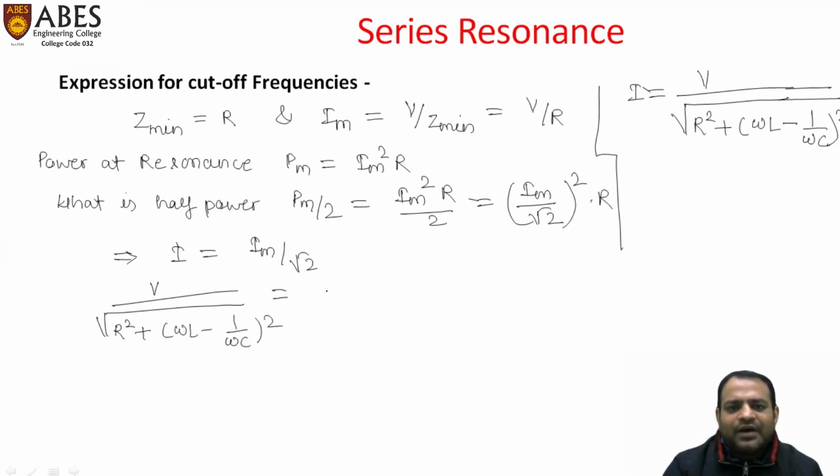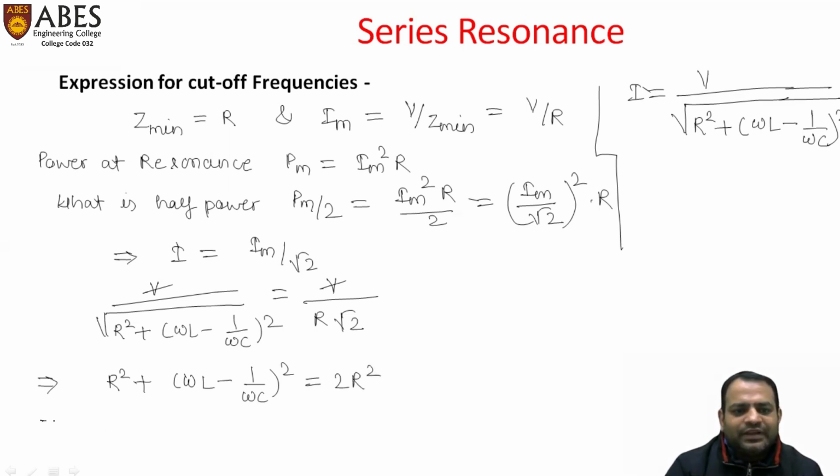And what is the value of Im? Im is V upon R, divided by under root 2 as it is. So if we are squaring this term, in the denominator we are getting R square plus omega L minus 1 upon omega C whole square, which is equal to 2R square.